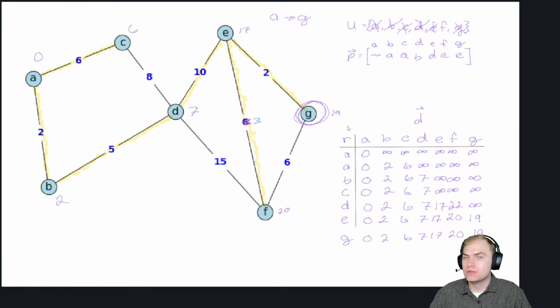And now all we have to do is look at our tentative distance, which is the length of the path, and the prior gives us the path itself.